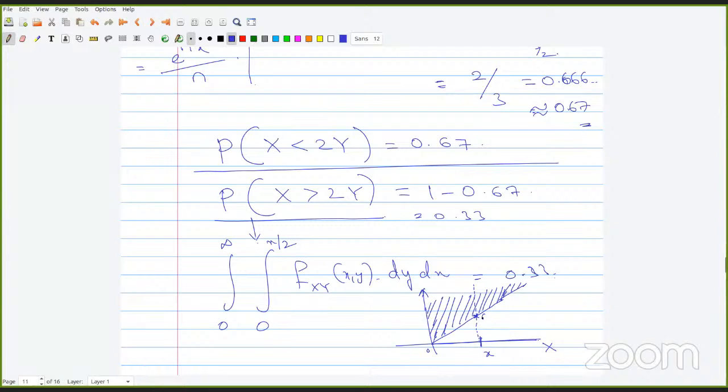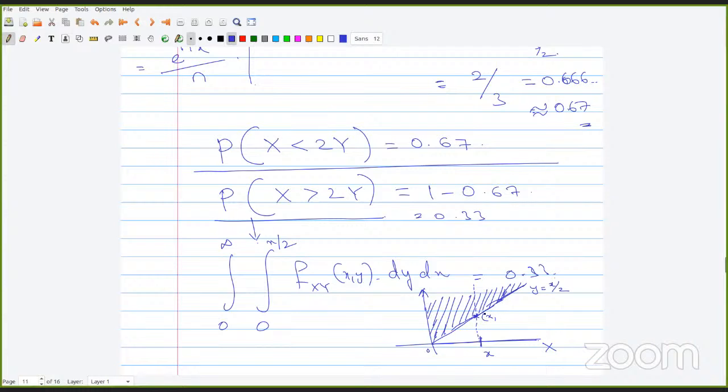If this is y is equal to x by 2, at x, what is the y value? It is x by 2. This is just a straight line, and on this straight line there will be an infinite number of points.